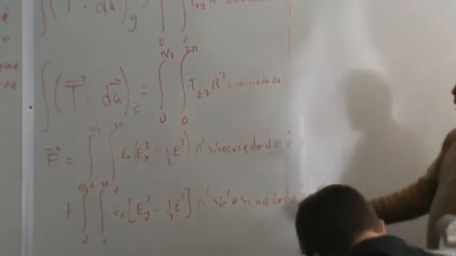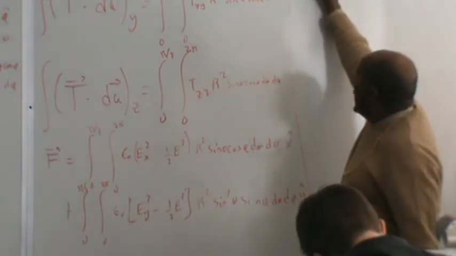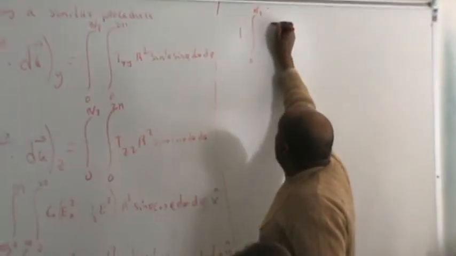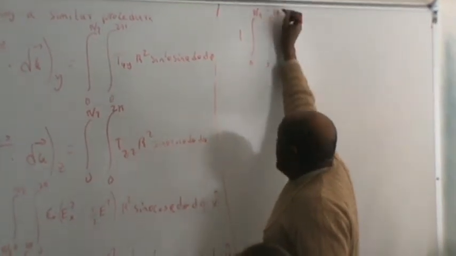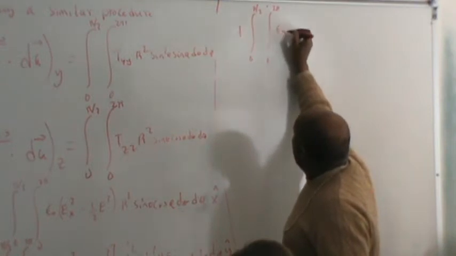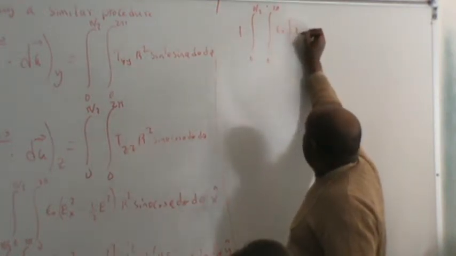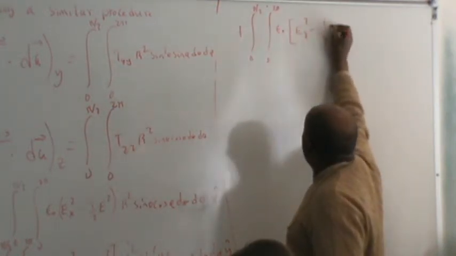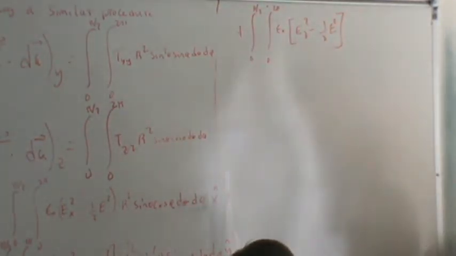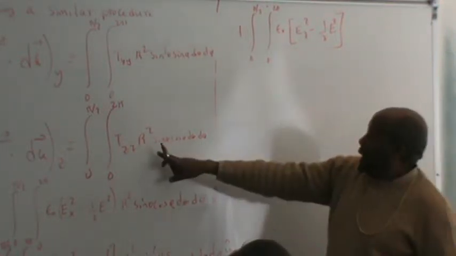And the z direction, that's going to be plus the integral from 0 to pi over 2, from 0 to 2 pi. And Tzz, we can express as epsilon naught of Ez squared minus half of E squared, over the area.